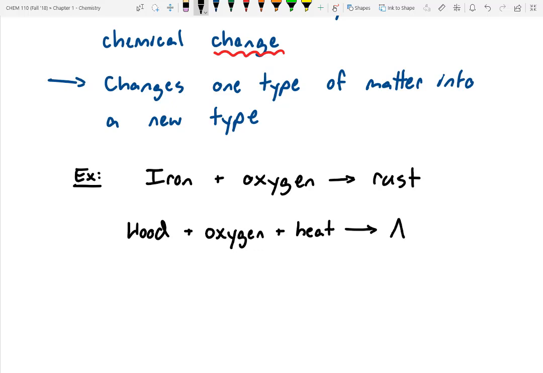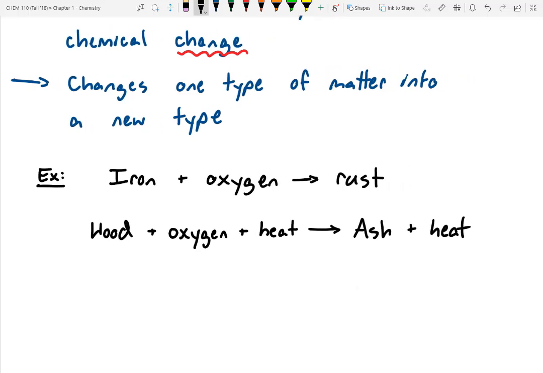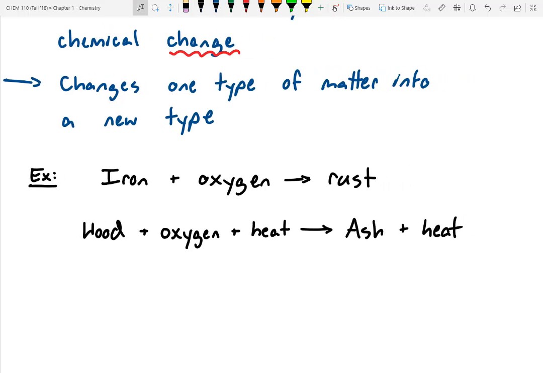Fire? Yep. You get ash and heat, right? So it doesn't all disappear. You do end up with some ash. What else do we get out? What about carbon? Yeah, carbon dioxide. So CO2 gets emitted when you burn something, right? So that's important to remember as well.